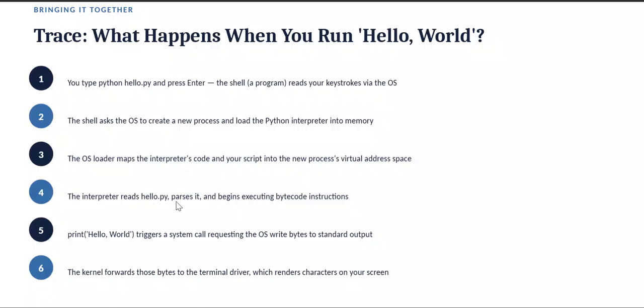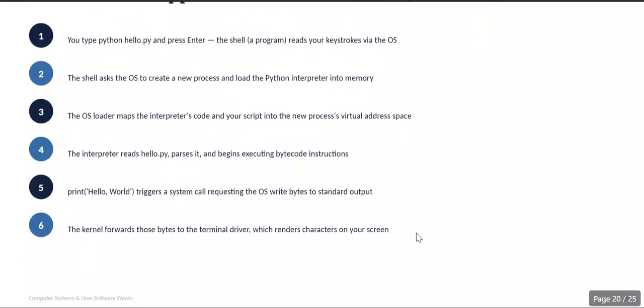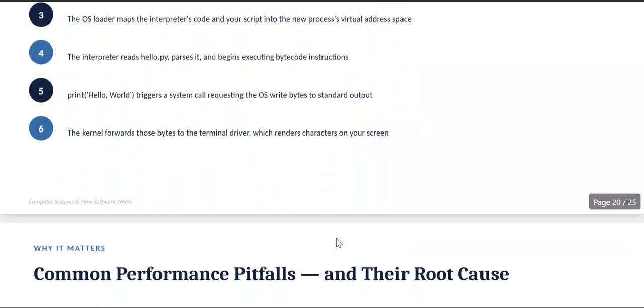The interpreter parses it and begins executing bytecode instructions. Print hello world triggers a system call requesting the OS to write bytes to standard output. The kernel then forwards those bytes to the terminal driver, which renders the characters on your screen.